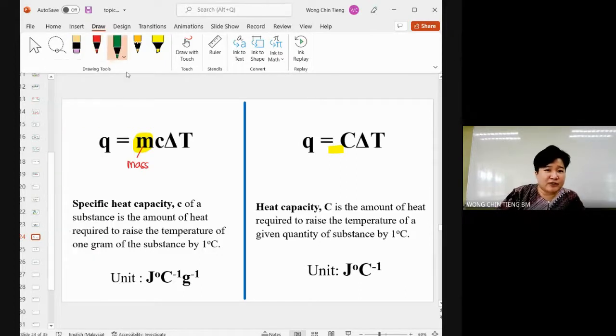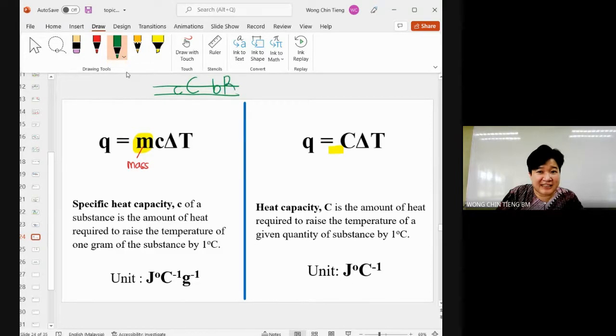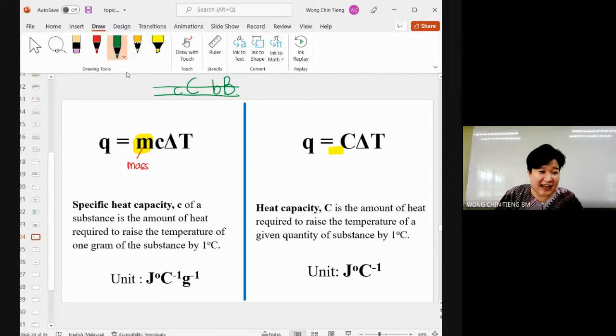I don't know whether your school, kalau kamu kat tadika dulu kamu belajar tak menulis guna yang ni. C kecil, C besar. Do you learn this? I learned this when I was in kindergarten, and my niece and nephew learning this using iPad nowadays, using their fingers. Because obviously they drop their pen and they lose their pen that my sister bought.